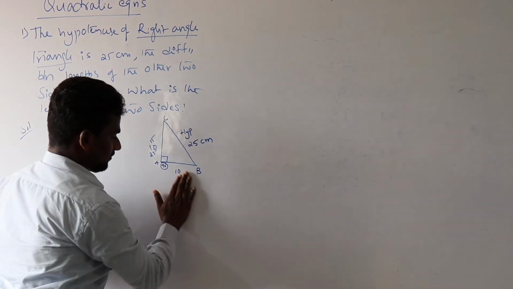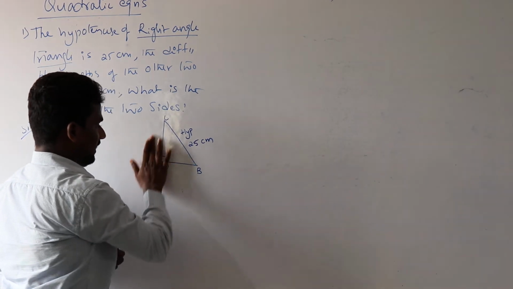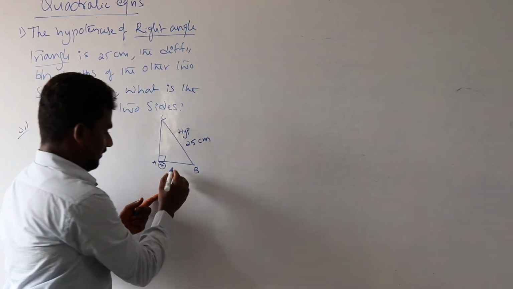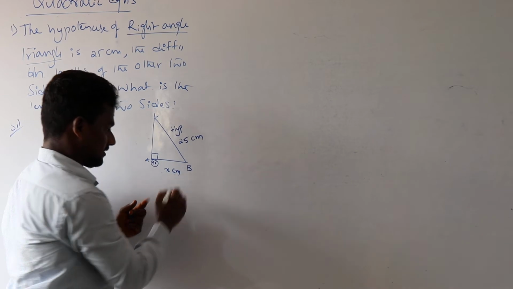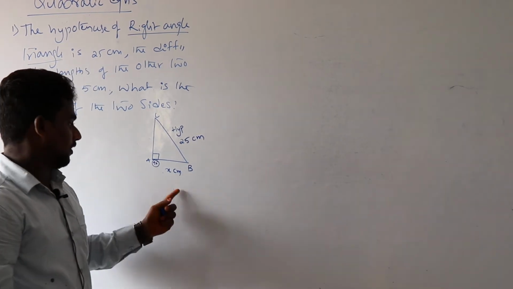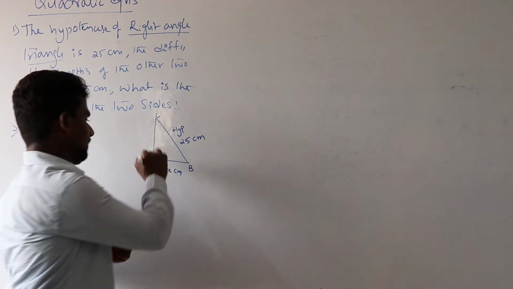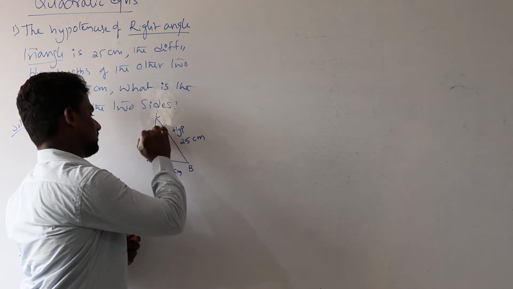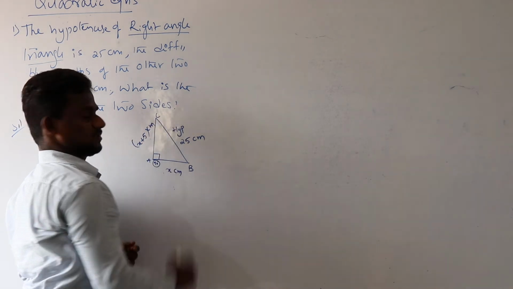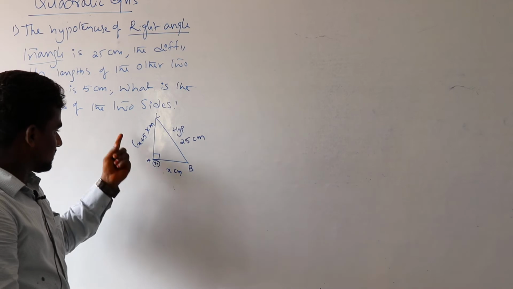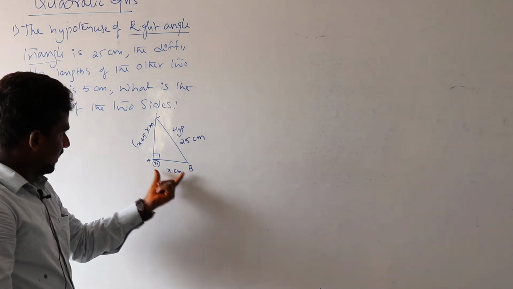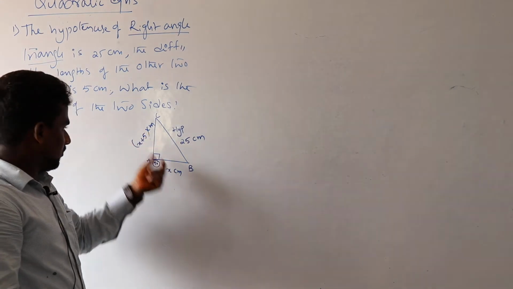That's why let one of the sides be x centimeters. What about the other side? It will become x plus 5 centimeters, because the difference between AB and AC is 5 centimeters.